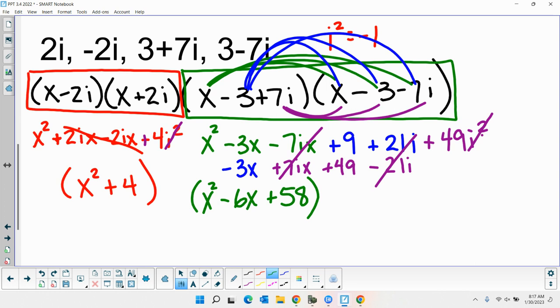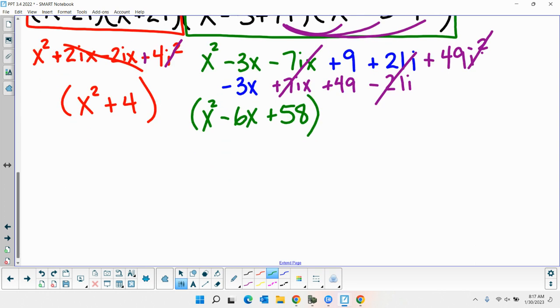Okay? So it takes a little time. It's not that hard. It just takes a little time, right, Alex? So I got 2 terms, 3 terms, so I'm going to have 6. But some of them will be like terms.